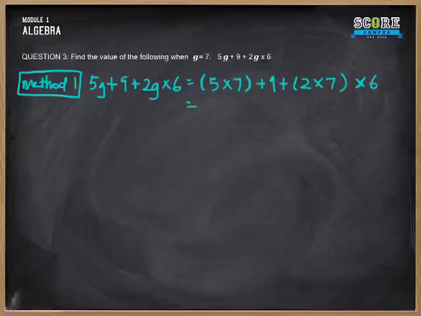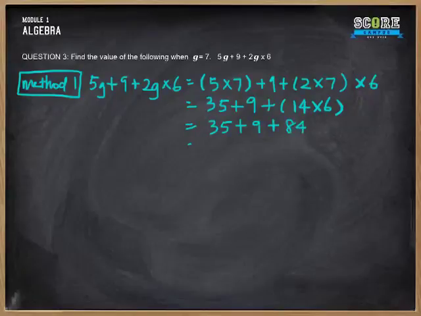And then you get the next level, which is 35 plus 9, and then you can immediately multiply 14 times 6, 2 times 7 is 14, and then times 6, because that's the next order of operation. Do the mathematics behind it. You get 35 plus 9 plus 84. Final answer: add them all up. 128. That's method number 1.